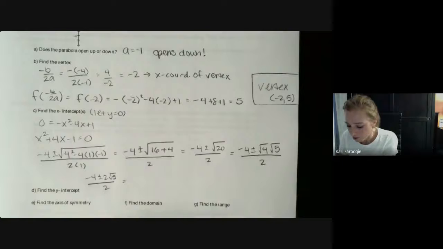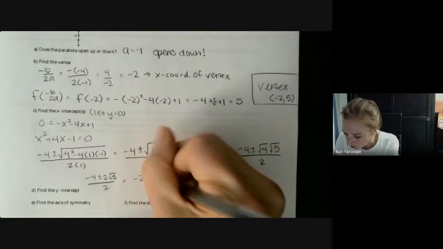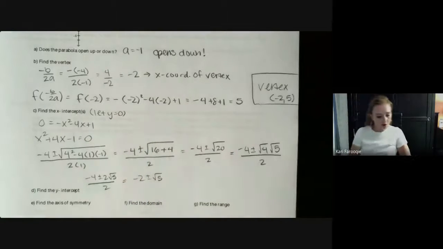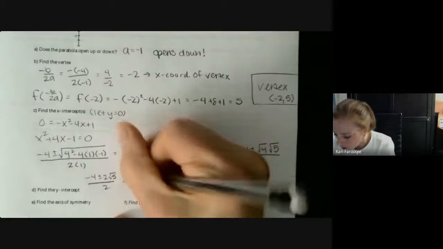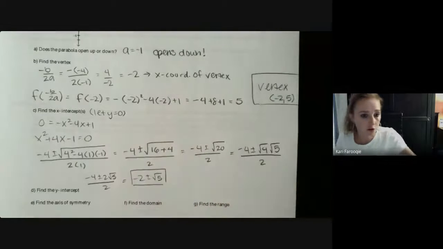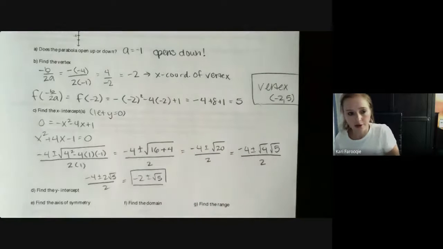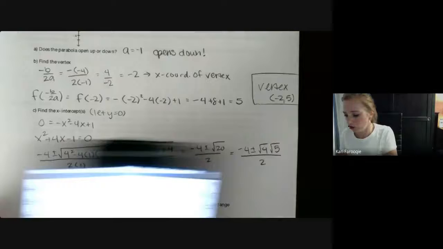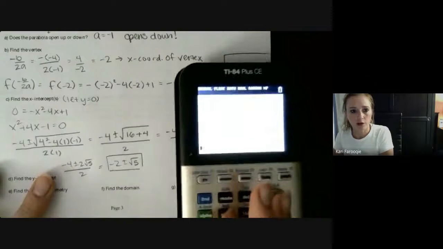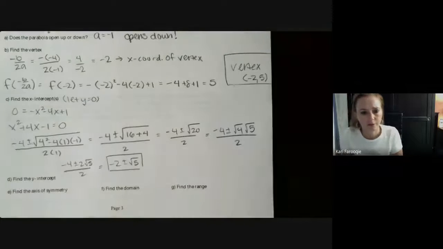So in case my math lab really wants you to simplify this, you have these 2 values at -2 plus or minus the square root of 5. But you don't know where to graph those if you don't pop them into your calculator and get some sort of decimal approximations. So do that real quick. Here, you know how to enter this in your calculator.